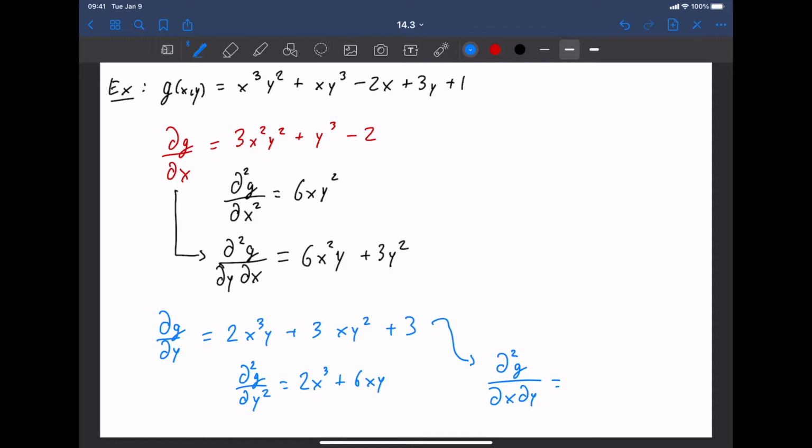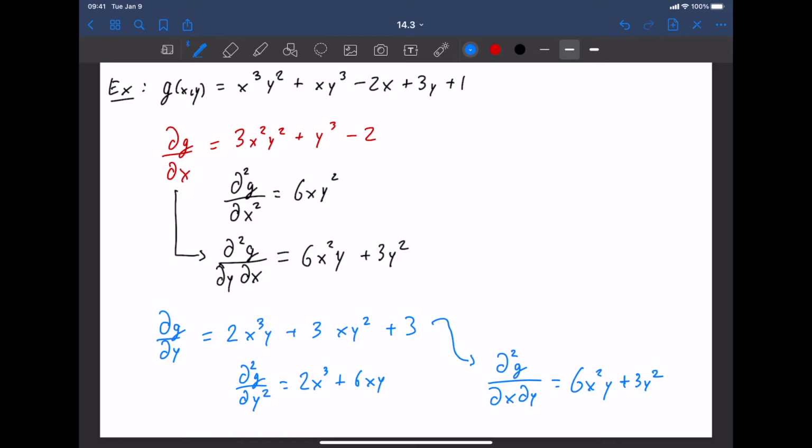What do you get? 3, 2, 1. X is the variable, y is the constant. Well, I'll just bring the 3 down. Subtract 1 from the power. That's 6x squared y. This guy, x is the variable, turns into a 1 plus 3y squared.